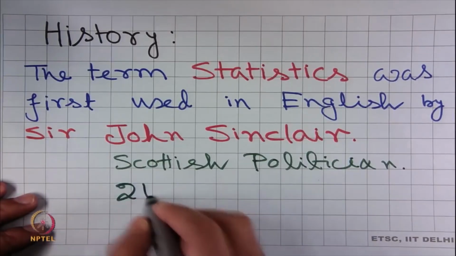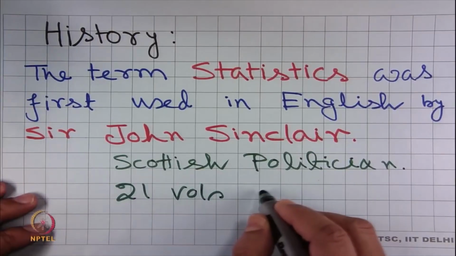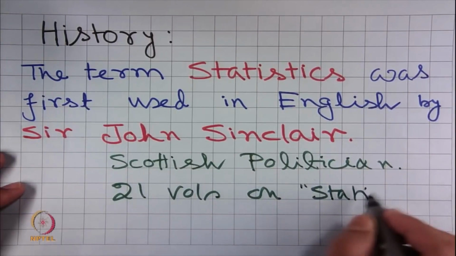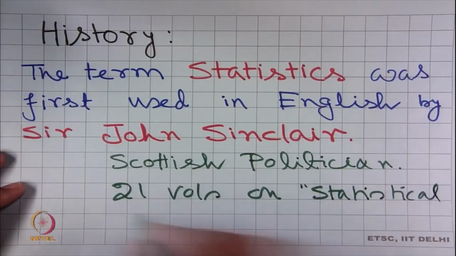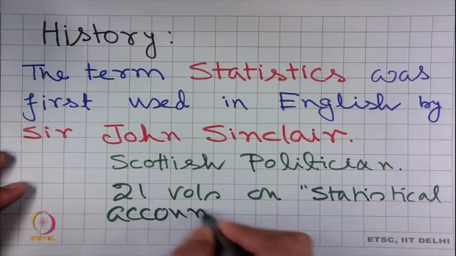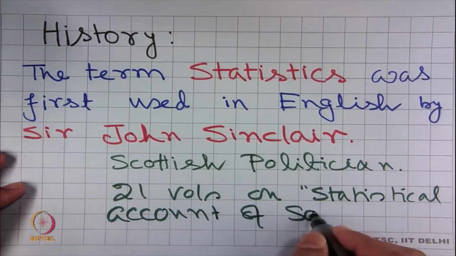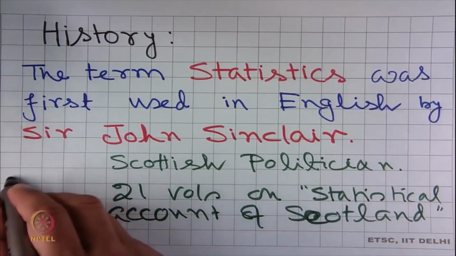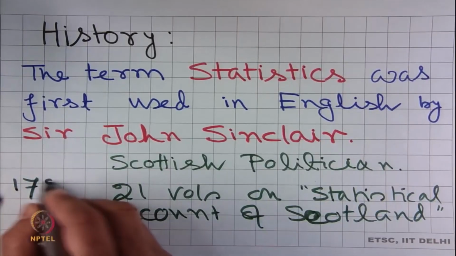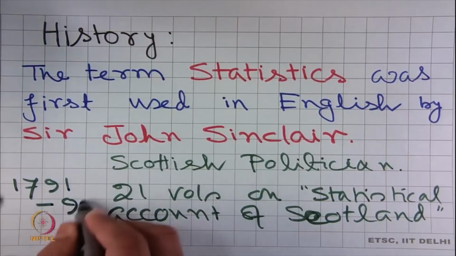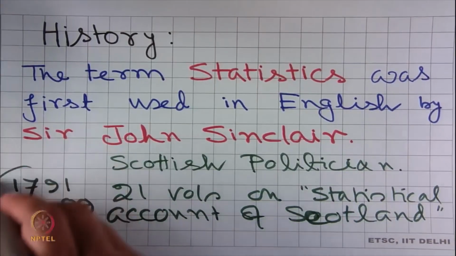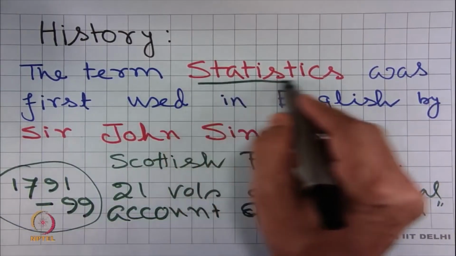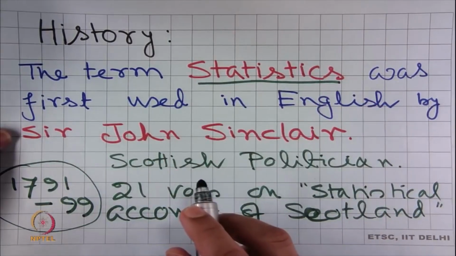He has written 21 volumes on statistical account of Scotland. That was around the time 1791 to 99. So, it is more than 200 years that the word statistics is being used in English.